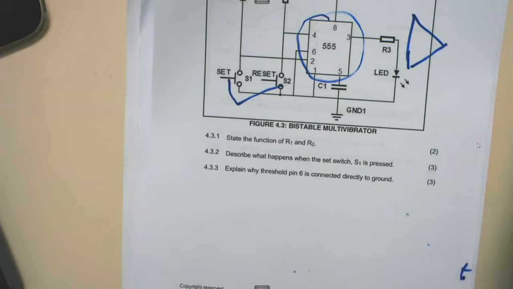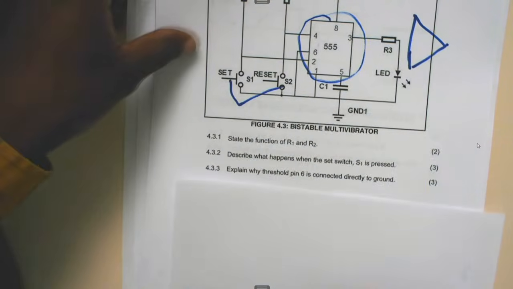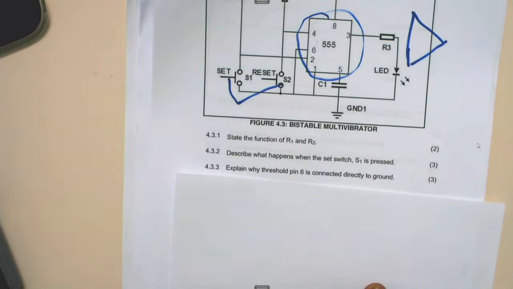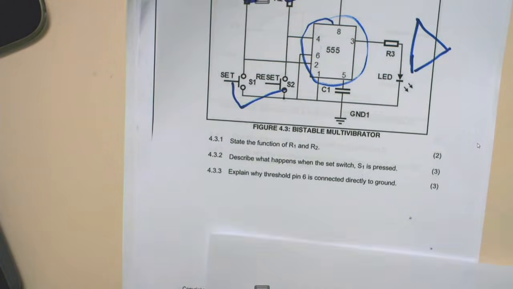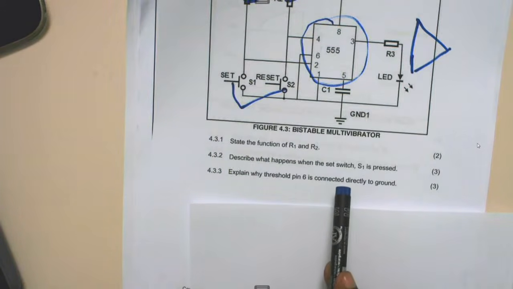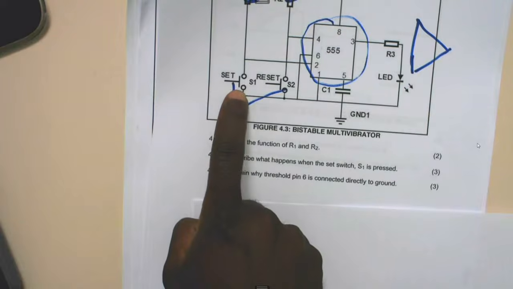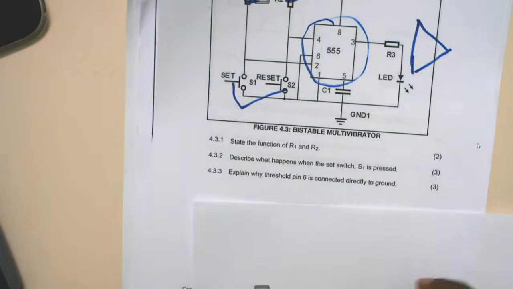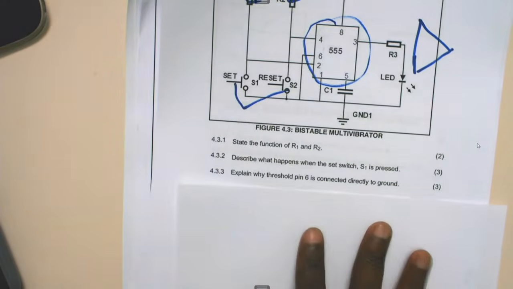So if the time still allows us, we'll also look at the amplifier, which is one other question that normally the learner struggles with. Here they say, describe what happens when the set switch 1 is pressed. Normally, let me explain this in a simple way. Normally when you press switch 1, your LED will light if you have done it practically.